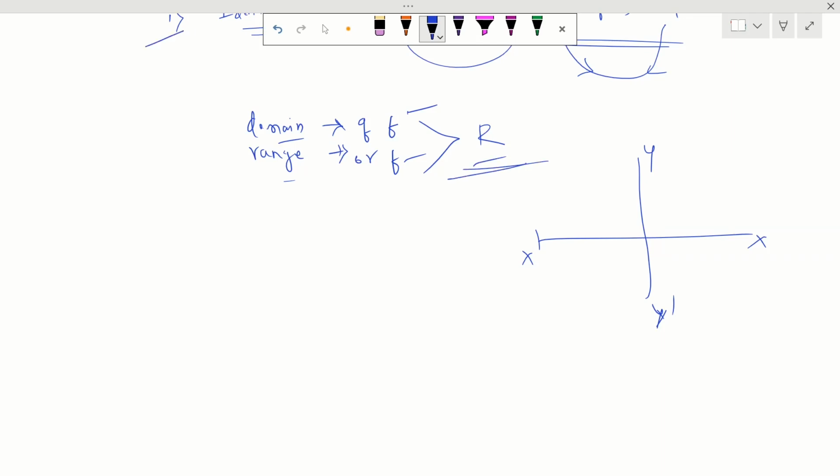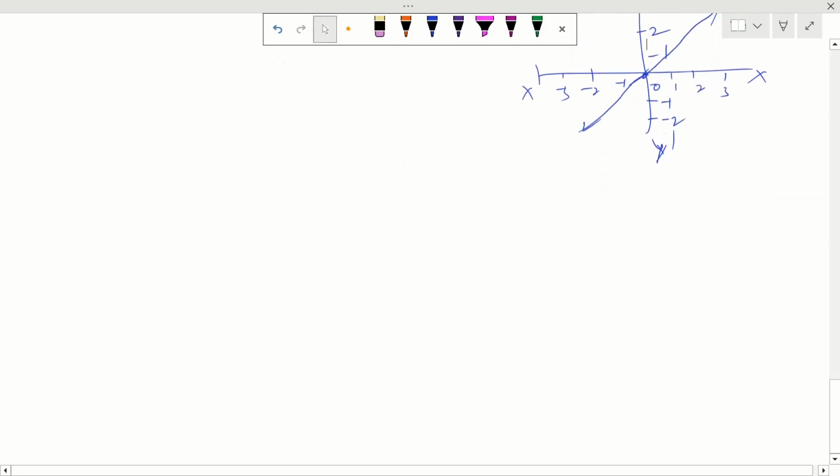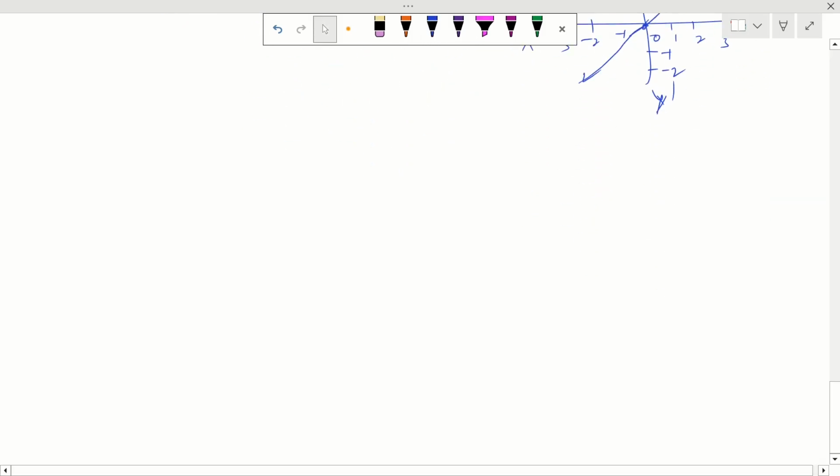In this identity function we will get a straight line passing through the origin. These are plus 1, plus 2, plus 3, these are minus 1, minus 2, minus 3, and in the y direction plus 1, plus 2 and minus 1, minus 2. We get a straight line passing through the origin. Such a type of relation is called an identity function.